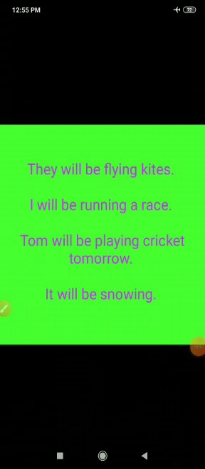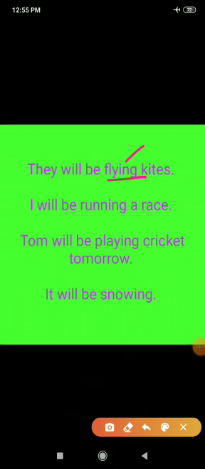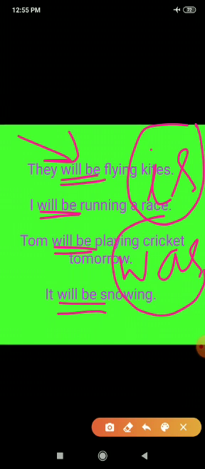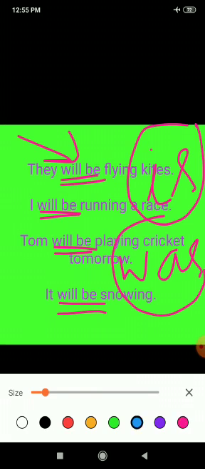Each of these verbs ends in ing. Will be tells us this is future. It is not is for present, and it is not was for past. Here we have will be. Will be indicates future.